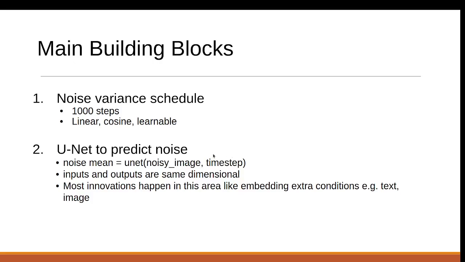Okay, so there are two main things you need to know about diffusion. I see it as two different blocks of things that you need to learn, and they are quite separate, so you can look at them separately. The first part is the noise schedule, or the variance schedule.